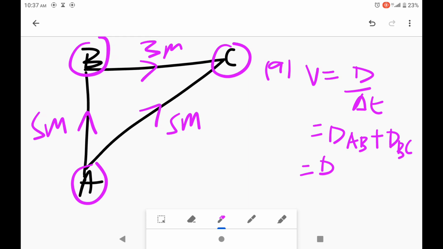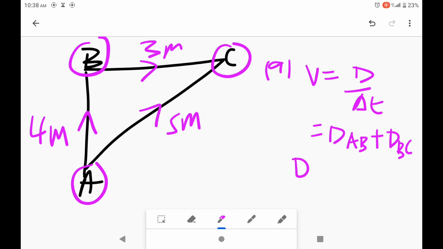Correct? No. I made a mistake here. It's 4 here. AB is not 5, it's 4 meters. So it's 4 plus 3 meters. Then your distance is going to be 7 meters.